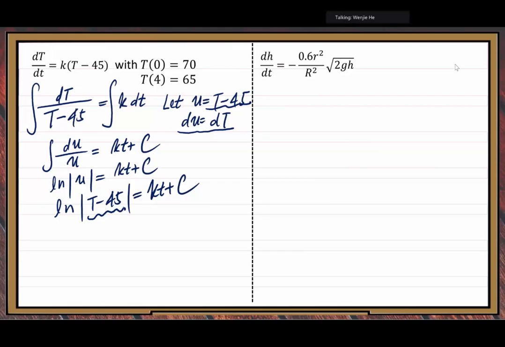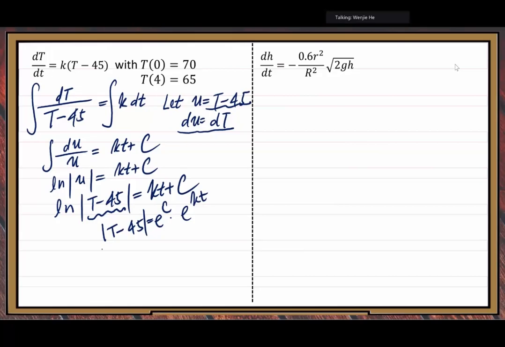We can get around it using another way. Let me write one more step. Remove the natural log: absolute value T minus 45 equals e to the C times e to the kt.